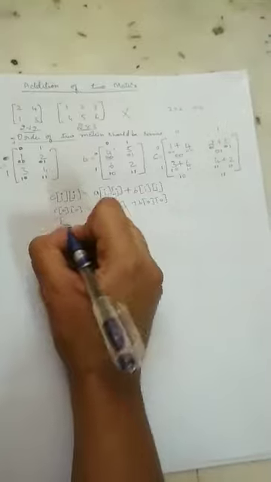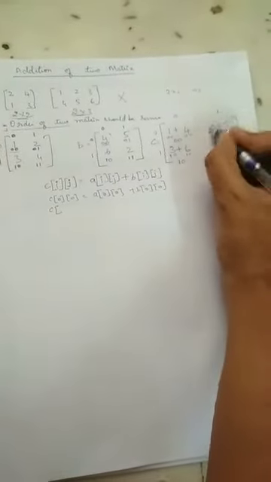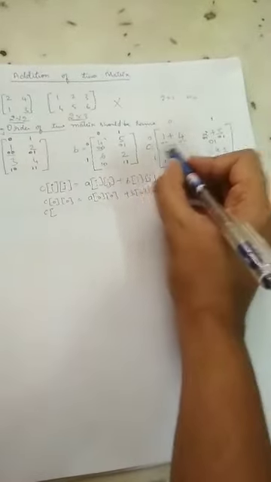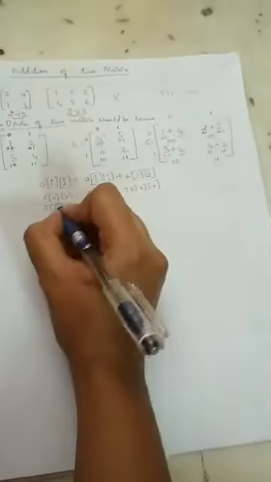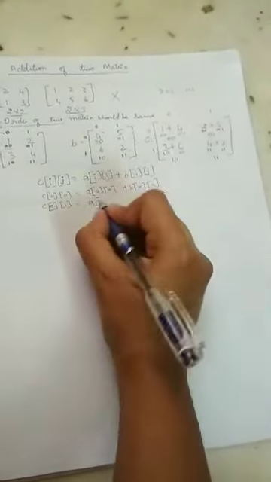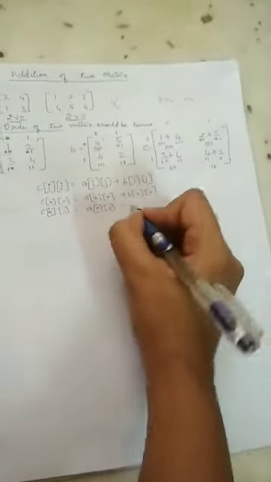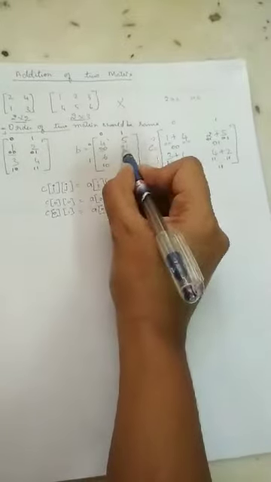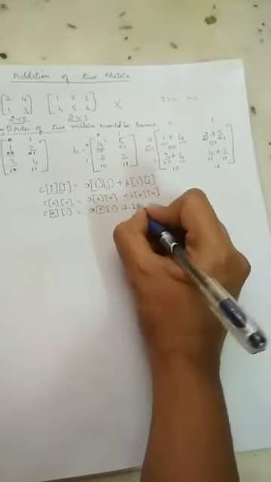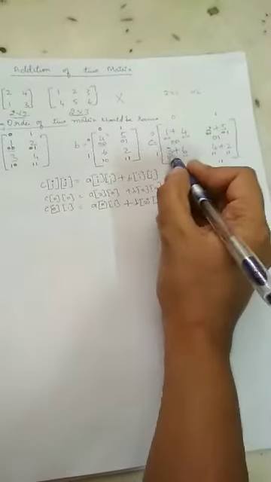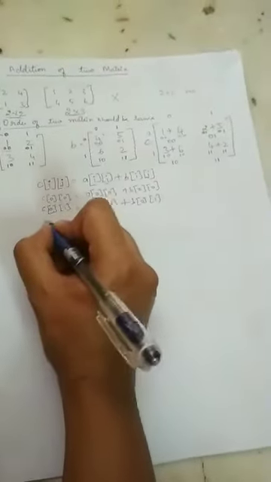And next, what are we going to do? In order to store this 2 plus 5, where do we have to store it? C of 0, 1. So C of 0, 1 is equal to A of 0, 1 plus B of 0, 1, where we get 5 from B. Same way we are going to get 3, so where do we store?